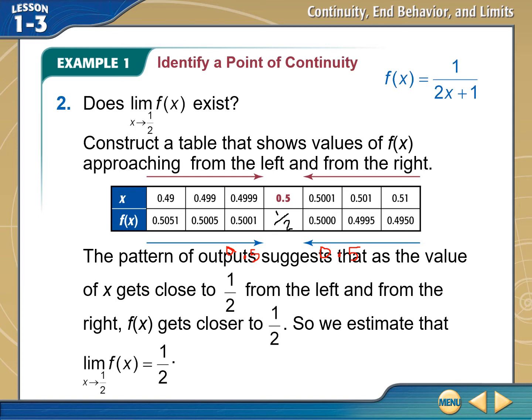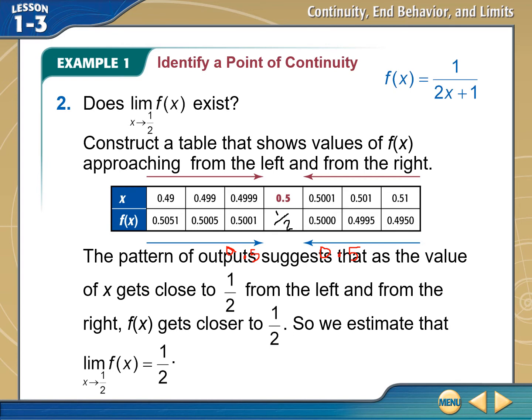So we estimate that the limit as x approaches half of f of x, where f of x is the function 1 over 2x plus 1, is equal to half. So the limit does exist and it's equal to half.